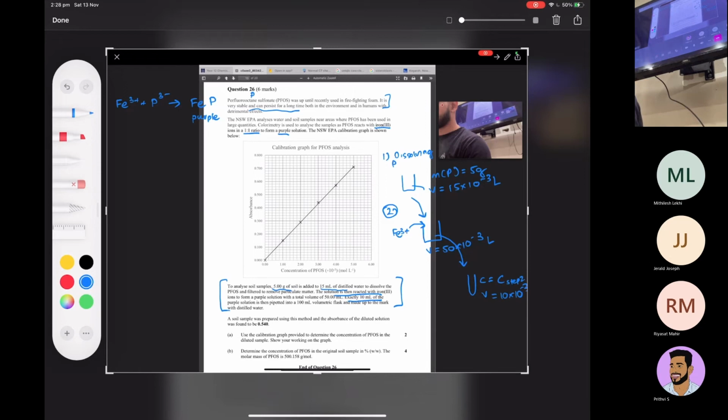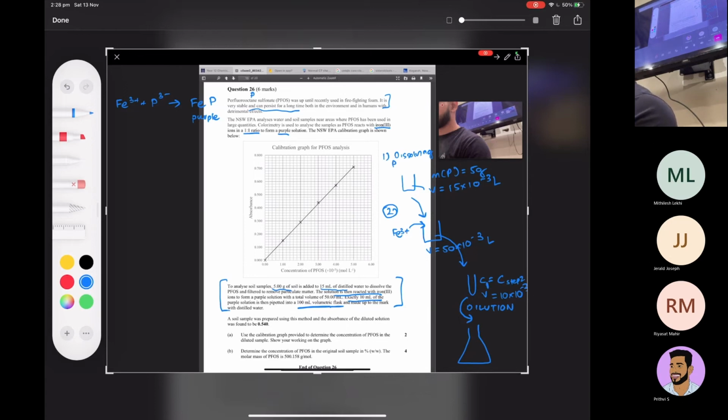Okay, what happened next? It's then pipetted into a 100 ml volumetric flask. So this 10 ml is then made up to how much? What's happened? What do you call that step? Write it down. Dilution. And what happened in dilution? So that must have been C1.